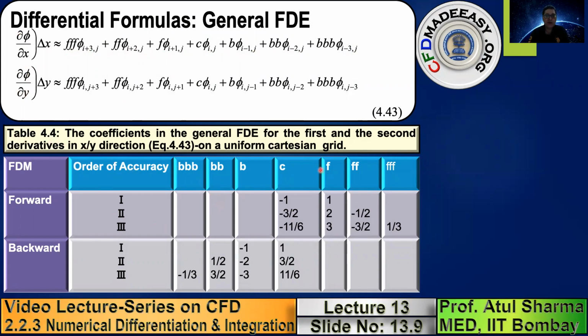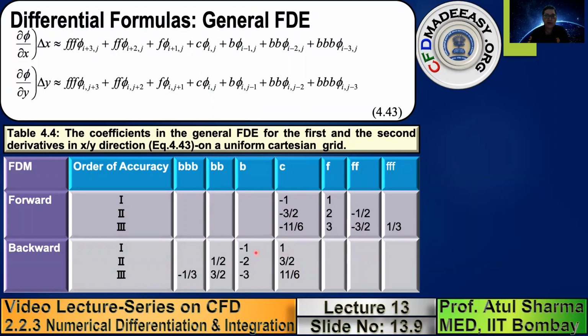Wherever there is no value in the table, it corresponds to a zero value. For forward difference, the non-zero values are only at the point under consideration and one forward value. In the backward case, you have the point under consideration and the backward value. Note that for forward, you have non-zero coefficients only for the points which are ahead of the point under consideration. For backward differencing, including higher order, you have points only behind.